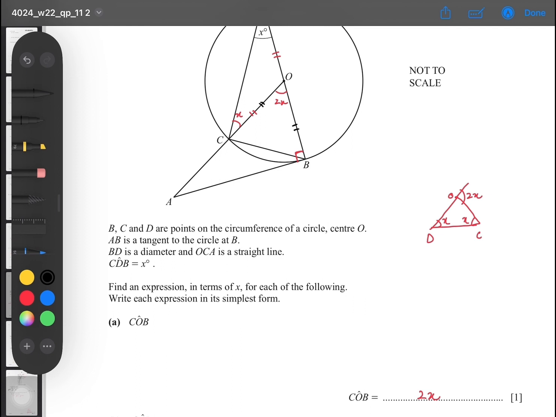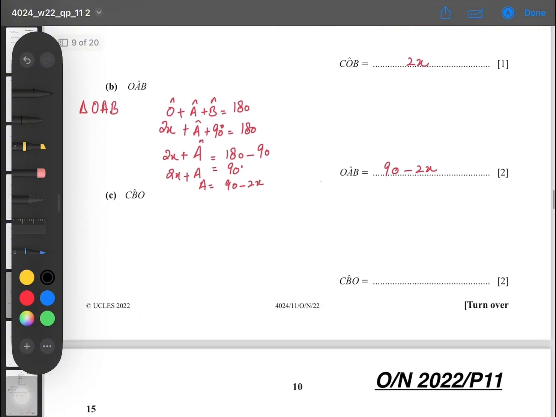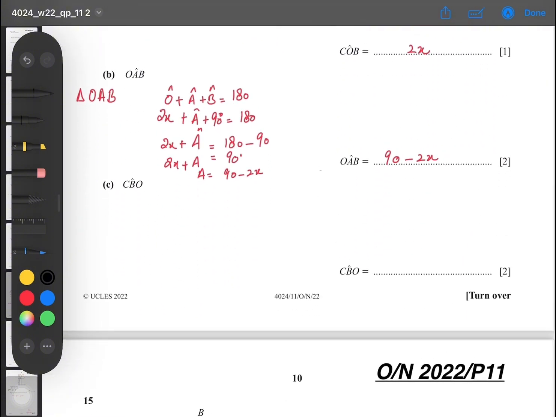So this angle is A. This angle is also A. So I will make the triangle. This is A. This is A. And this is 2x. So I have to find out angle A.